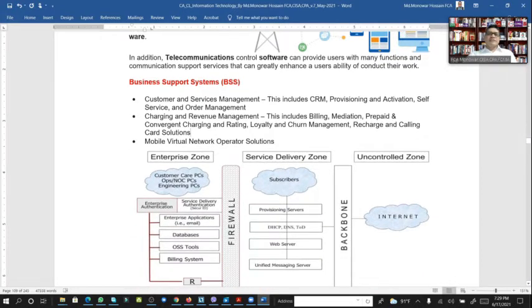A business support system, BSS, helps with customer and service management. This includes CRM, provisioning, activation, self-service, revenue management, and mobile virtual network operation solutions.